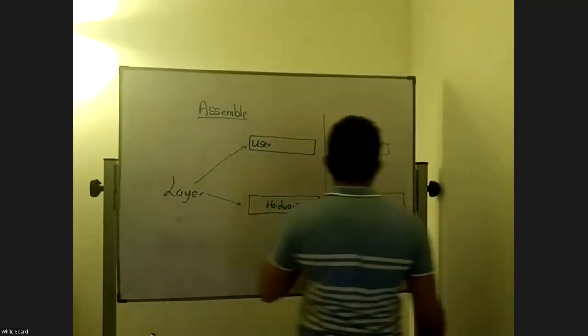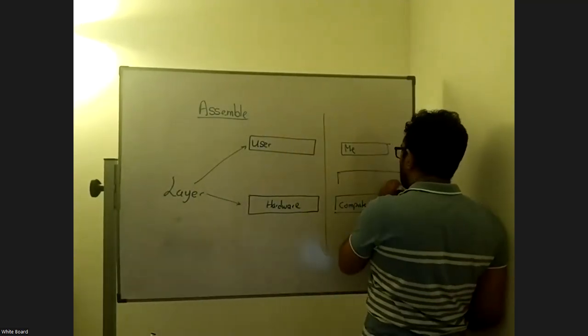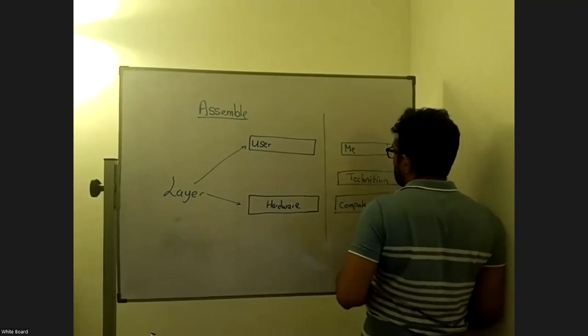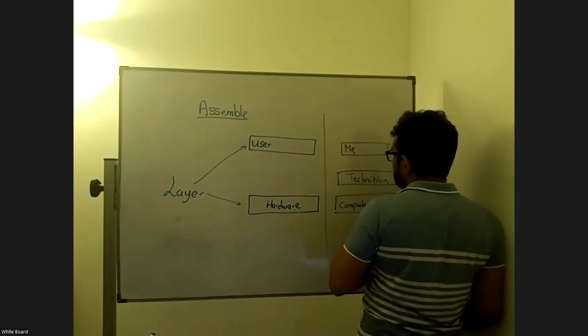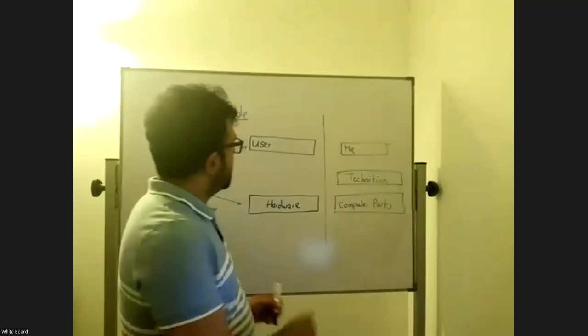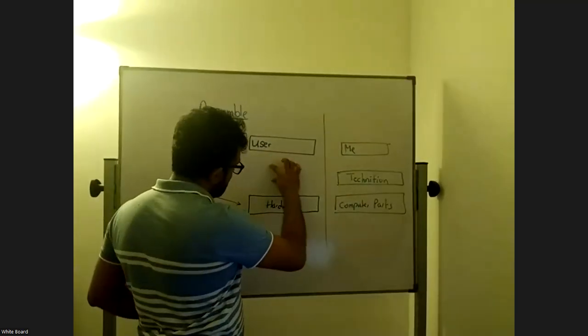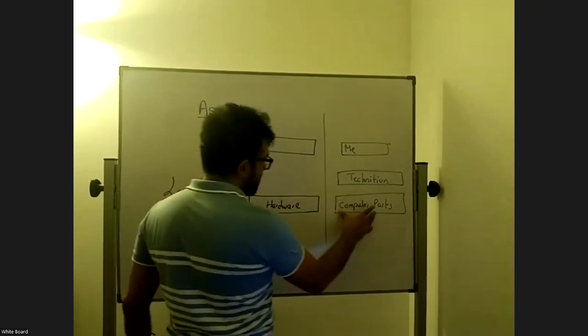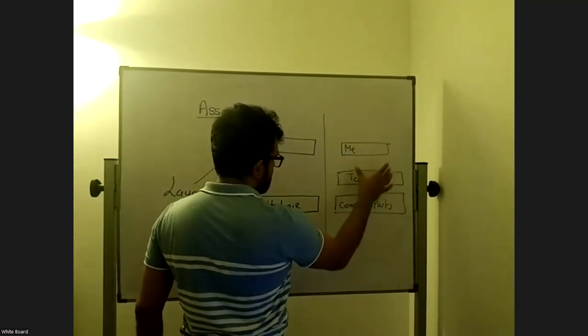People at the shop, a technician at the shop. Right? The technician at the shop is going to help me to assemble it. Like that, there should be another layer who is helping the user to use this hardware. So these are computer parts. This is me. This is a technician.